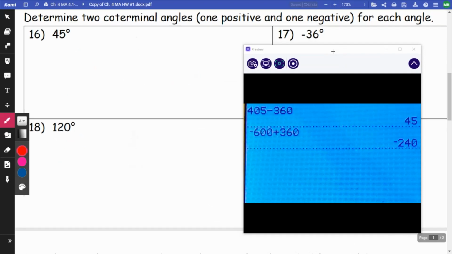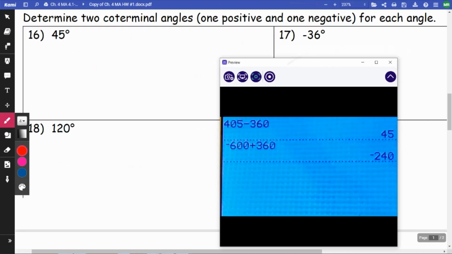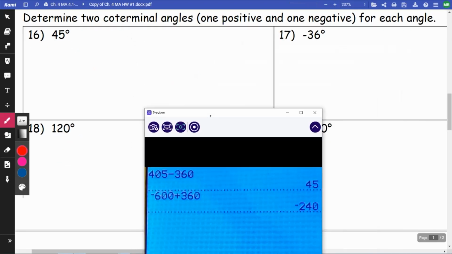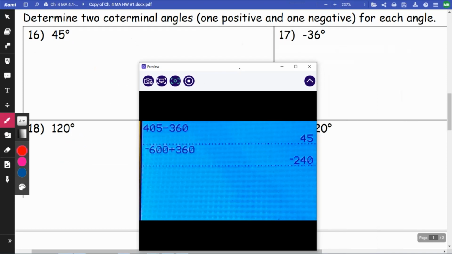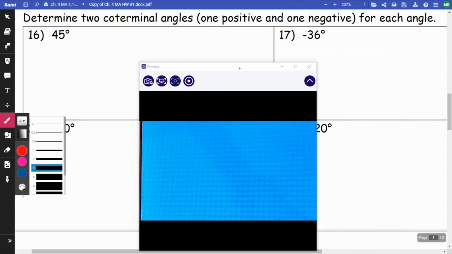Okay, on these ones, we want to get coterminal angles. So what that means is I want angles that are going to be in the same spot. So to find them, I'm going to add 360 and I'm going to subtract 360 until I get to a positive one or a negative one. So I'm going to start with 45 degrees.